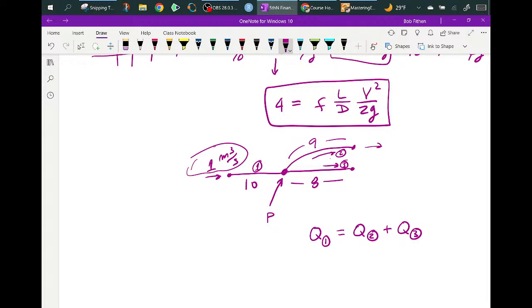So the water gets split into 2 parts. The question is, if I can go down either one of these, which one do I go down to get there?